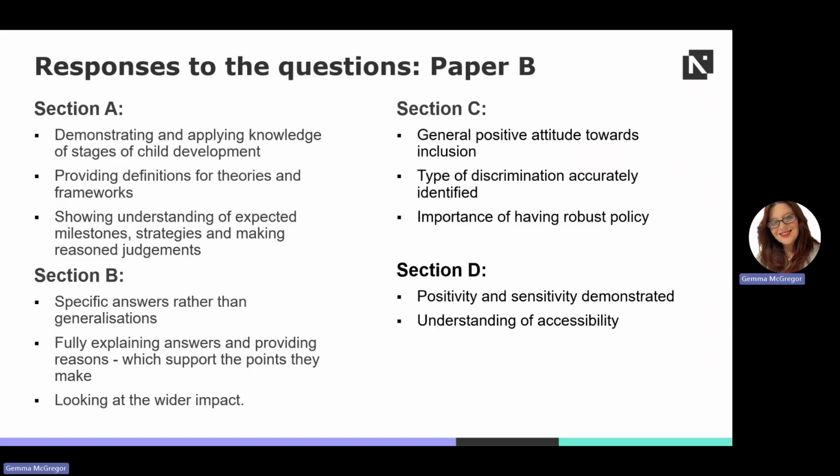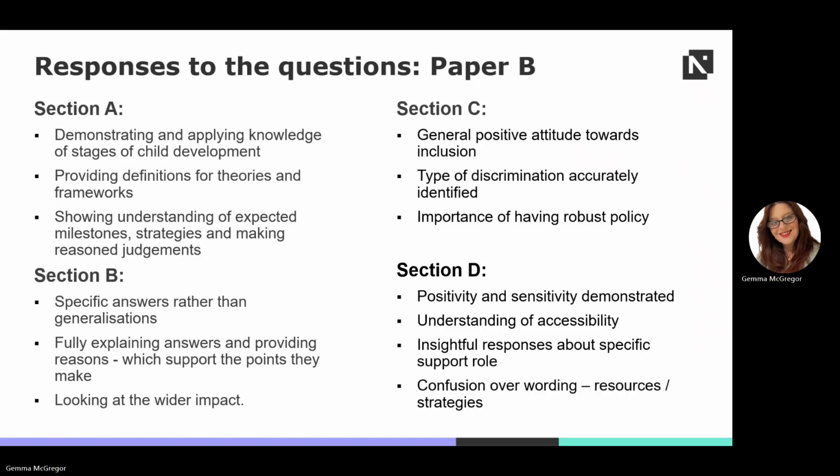Additionally, many students demonstrated an understanding of accessibility and knew how this could be implemented within their setting. It was also noted that there were some insightful responses to the way that a communication partner can support a pupil in school, demonstrating not only an awareness of the importance of this role, but an appreciation of how valuable this support can be.